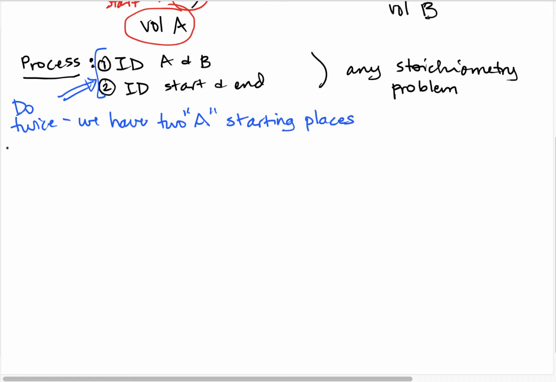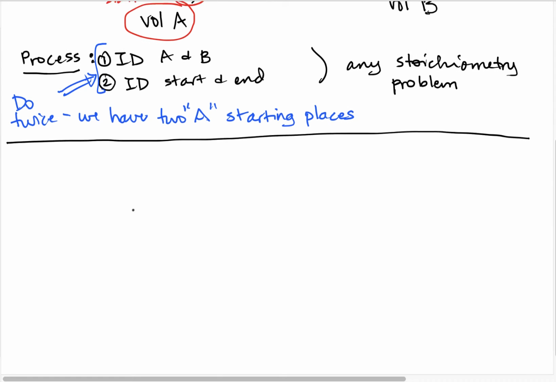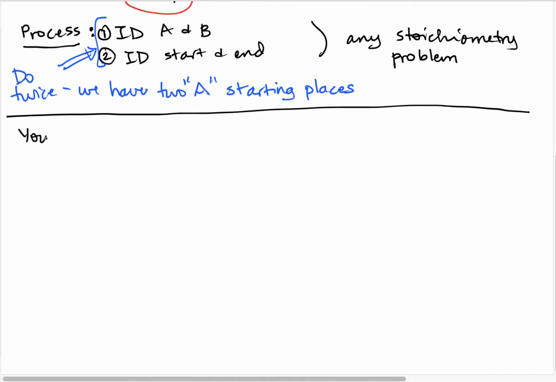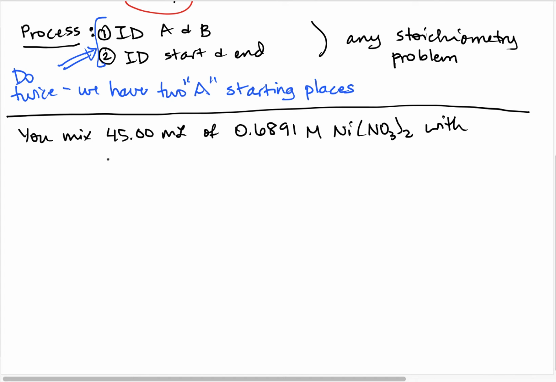So let's try a scenario like this. We are told that you mix 45 milliliters of 0.6891 molar nickel nitrate with 65 milliliters of 0.7122 molar potassium carbonate.